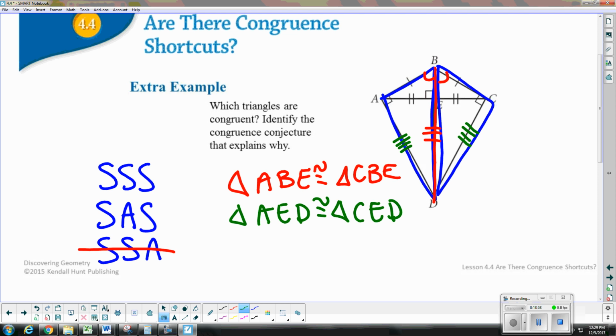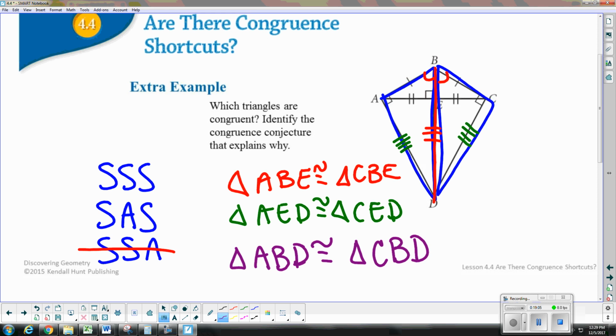So now with this last triangle, looking at triangle ABD and triangle CBD, we can show that they're congruent using a couple different things.